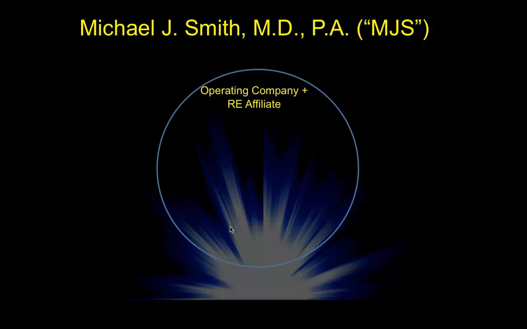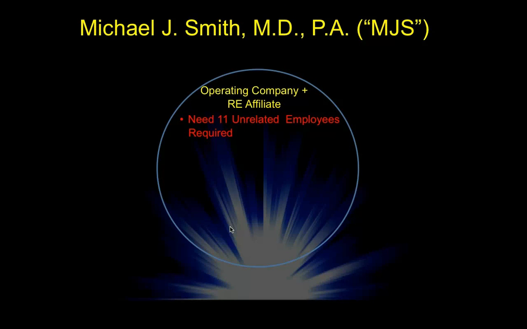Dr. Smith owns a real estate entity that in turn owns the practice building and some other pieces of commercial real estate. So we have an operating company and an affiliate that is part of a controlled group of companies that Dr. Smith owns. We need this to operate with a minimum of 11 employees.